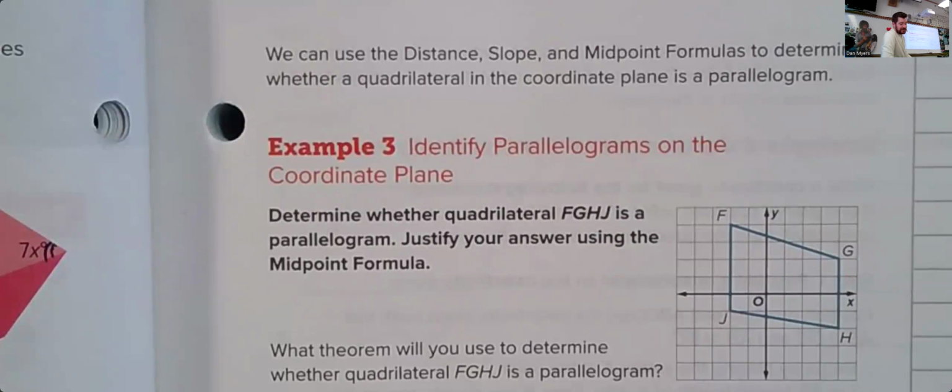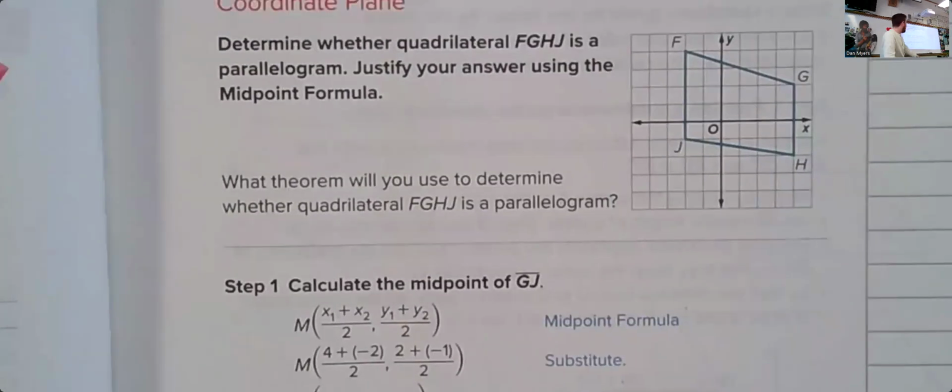Now, this one is testing, it appears to be, the lengths of the diagonals, which is fine, because we saw a theorem that said that if a quadrilateral has diagonals that cut each other in half, if they bisect each other, then the quadrilateral is a parallelogram.